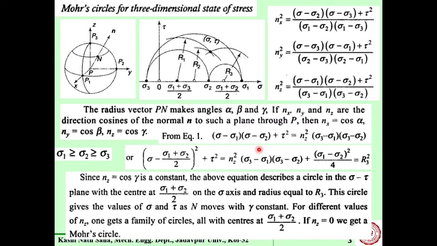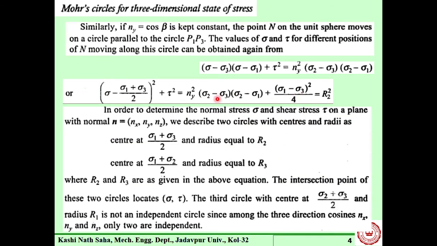Now what happens here if ny is greater than 0, some quantity, 0.5, whatever. So this is a positive quantity, right? Sigma 2 minus sigma 3 is a positive quantity, sigma 2 greater than sigma 3. What about this? Sigma 2 minus sigma 1 is a negative quantity, sigma 2 is less than sigma 1. So ultimately this product is a negative quantity. Clear?